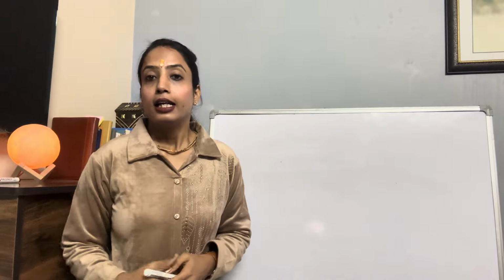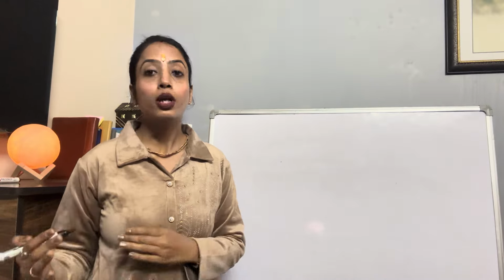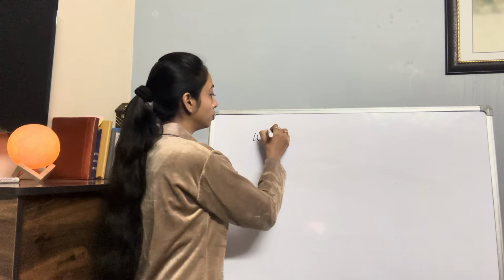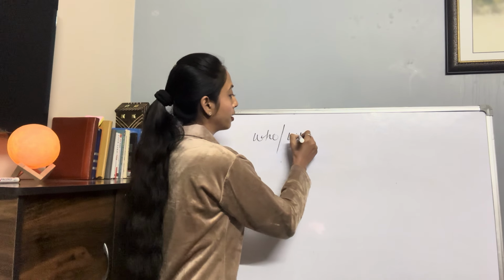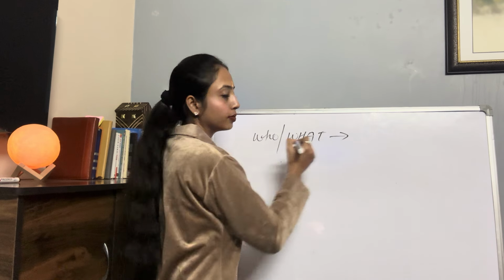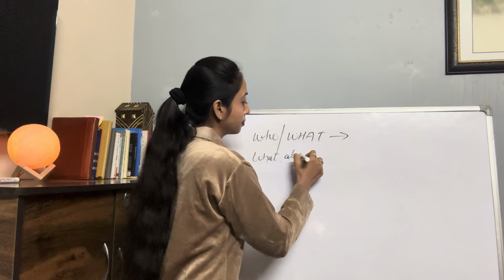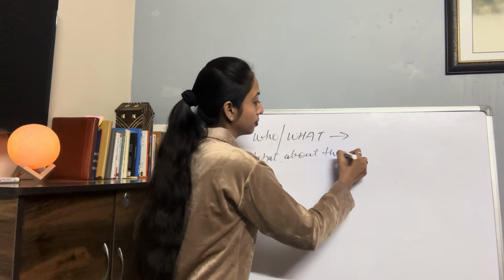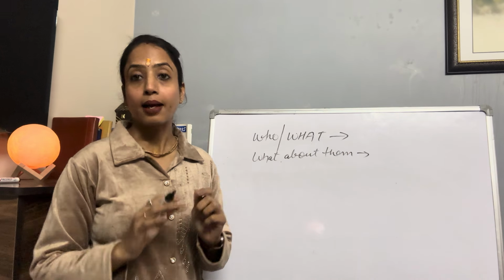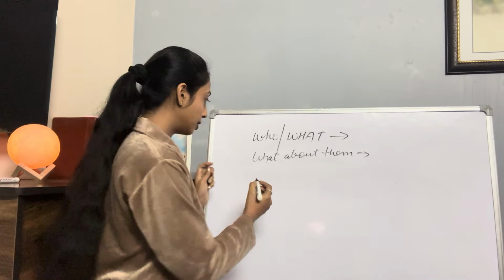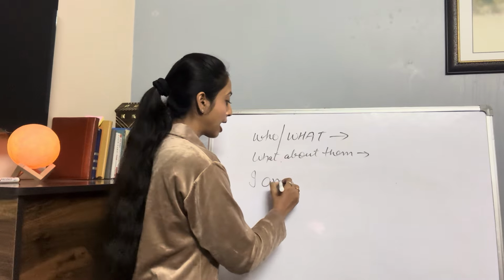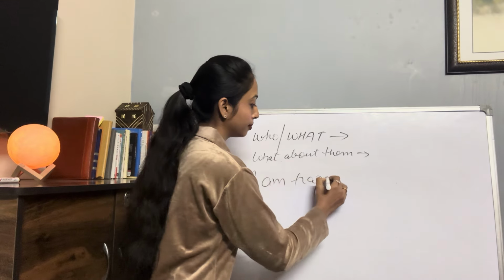So always remember one rule, that a sentence gives you information about who or what, and what about them. Example, like we said, I am happy.